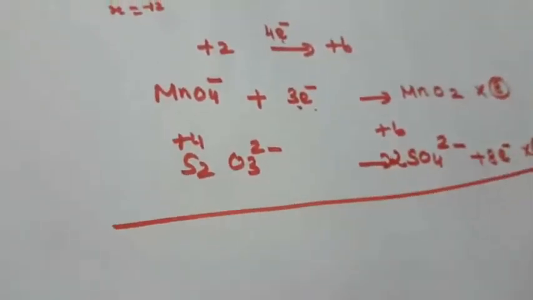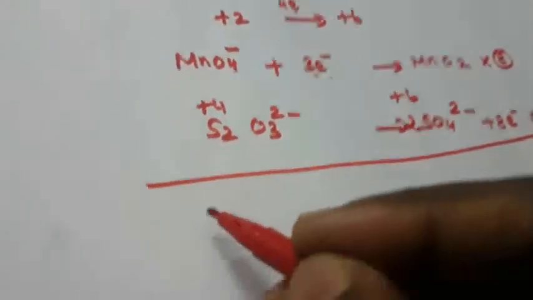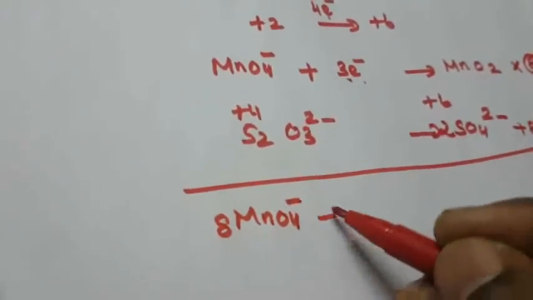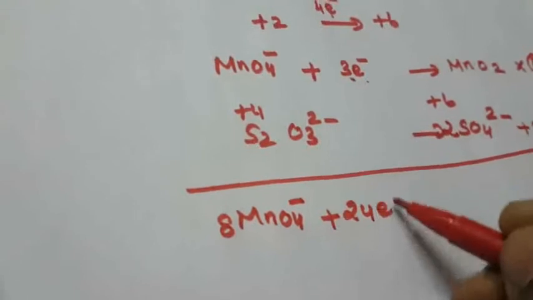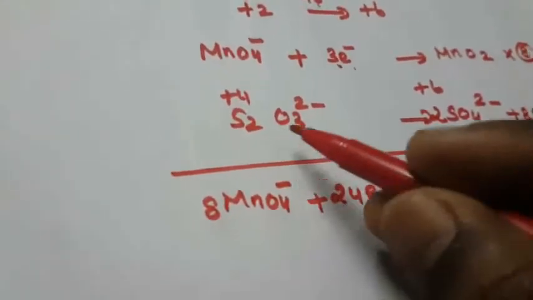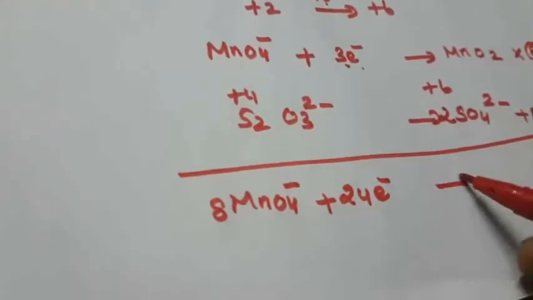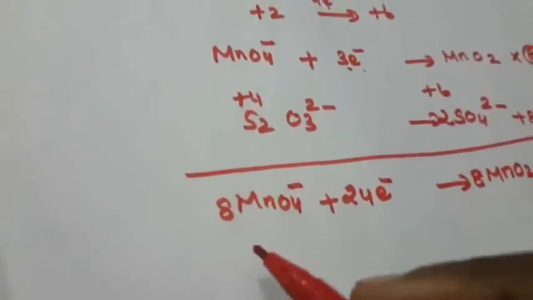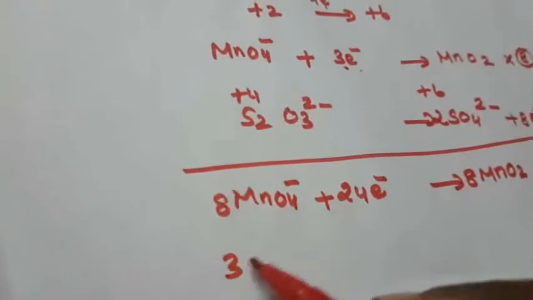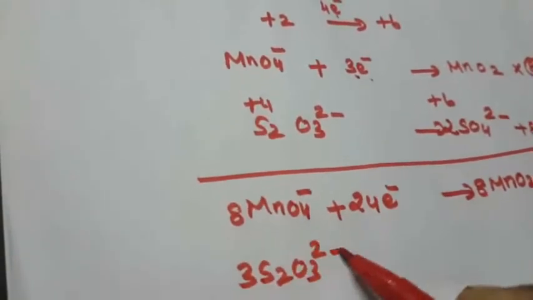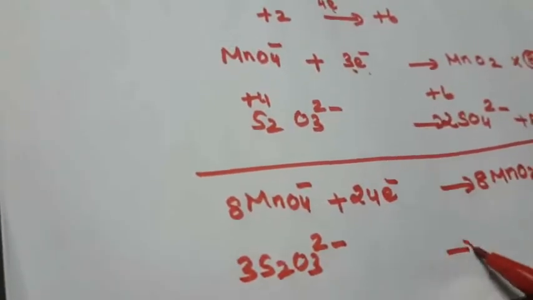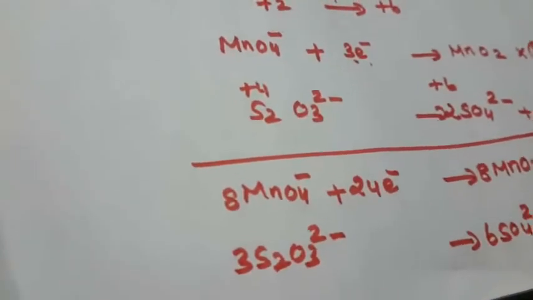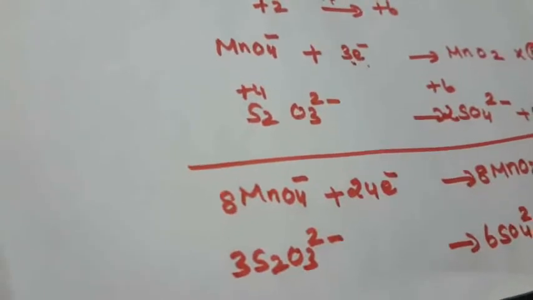Okay, so now balancing that equation, 8 means 8 MnO4 minus plus 24 electrons. This equation, then 8 MnO2, then here 3S2O3 2 minus gives 6SO4 2 minus plus 24 electrons.